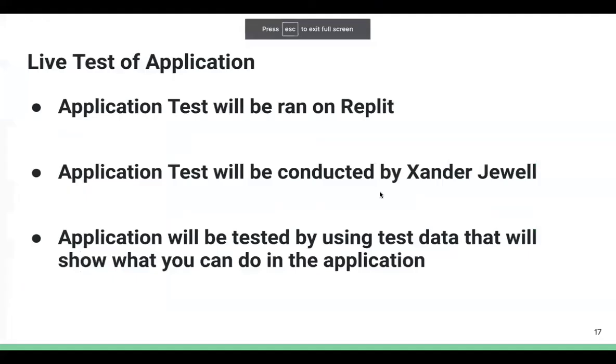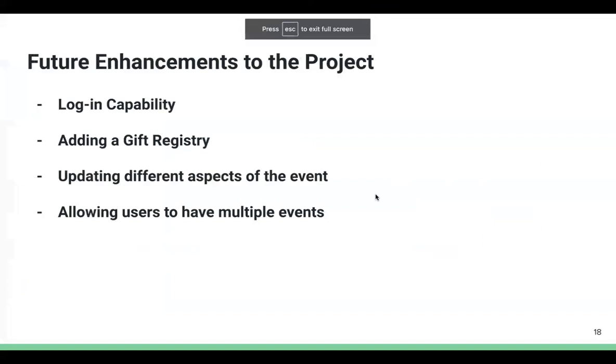So let me go back to the slideshow here, and then for future enhancements, we will go to Michaela with that slide. So for future enhancements to this specific project, one thing that we would like to do in future iterations is add a login capability.